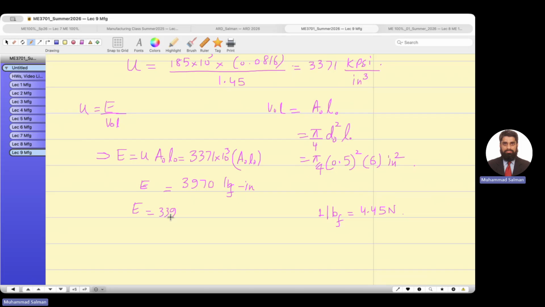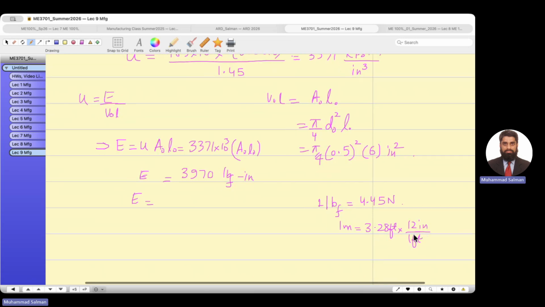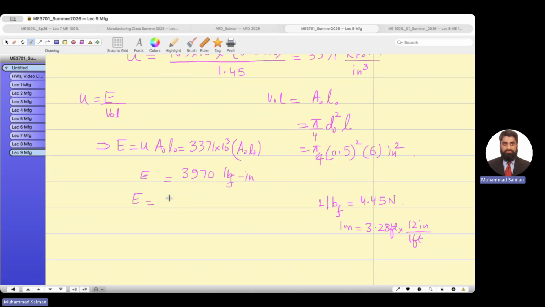So I can do the math for you, or you will help me. Sorry, 1 meter equals 3.28 feet, and 1 foot equals 12 inches. So you can go from here to meter.